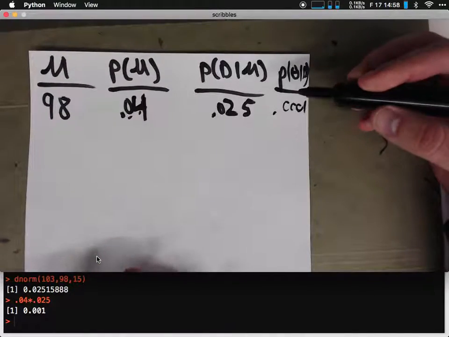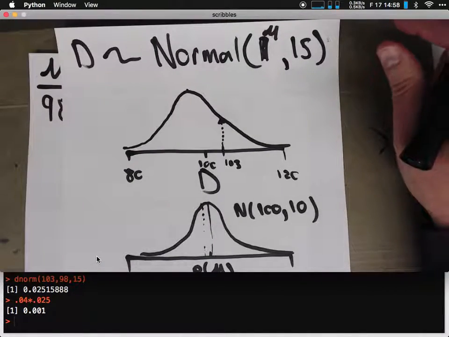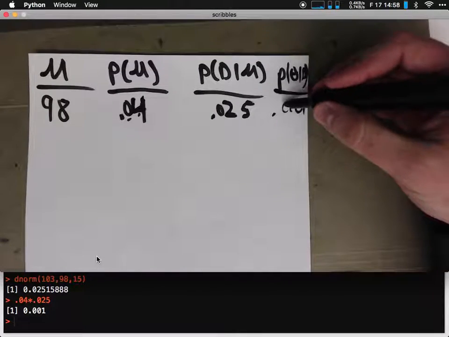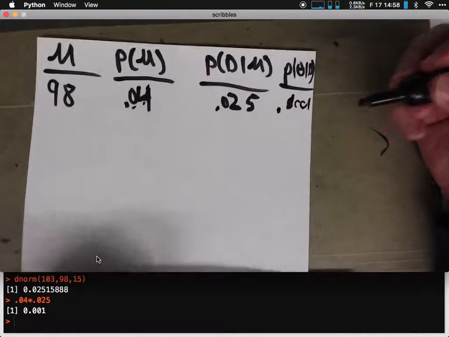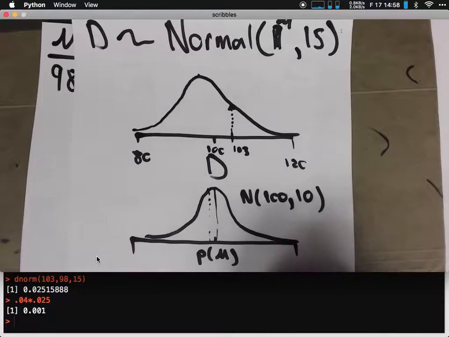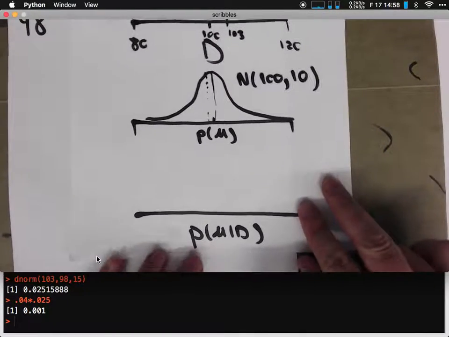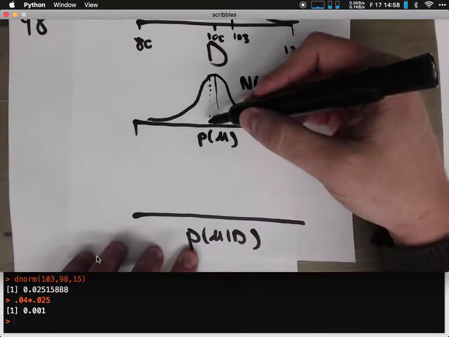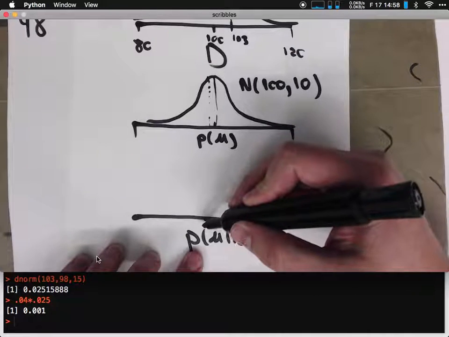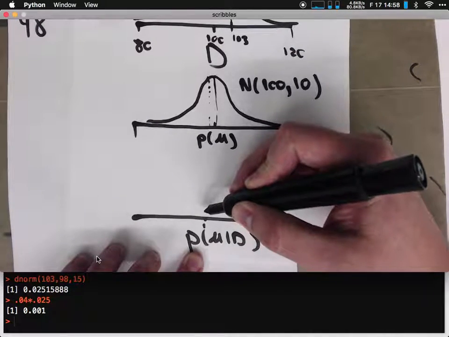So that defines, on this curve, for a value of 98, the height of the curve, how high it should be.